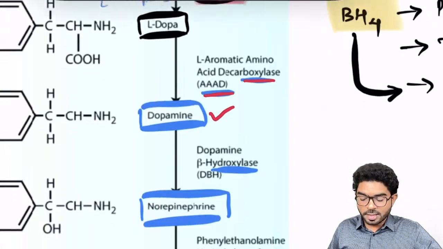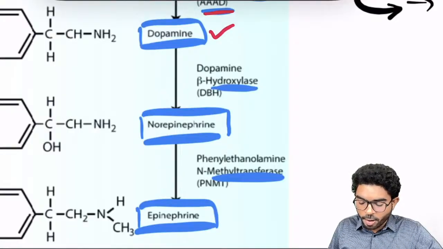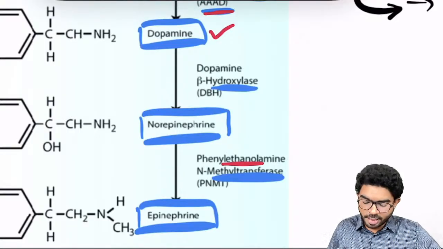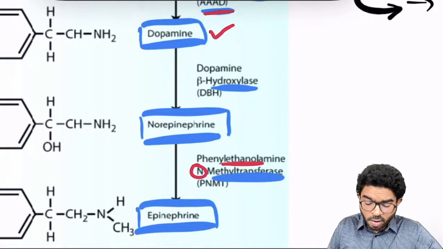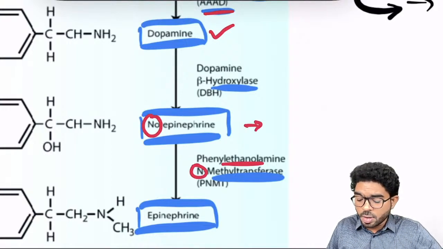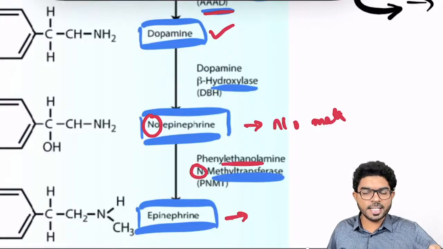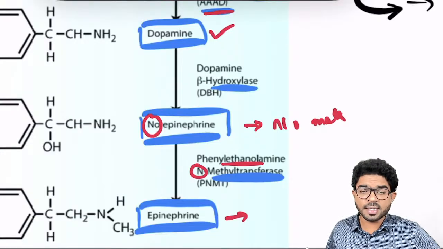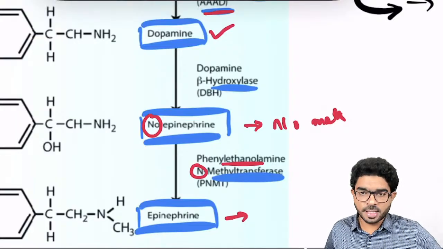Dopamine upon hydroxylation is converted into norepinephrine. Norepinephrine upon N-methylation is converted into epinephrine; you can remember that nor means no methyl group. The structural difference between epinephrine and norepinephrine is that there is no methyl group in norepinephrine, and the methyl group is present in epinephrine.